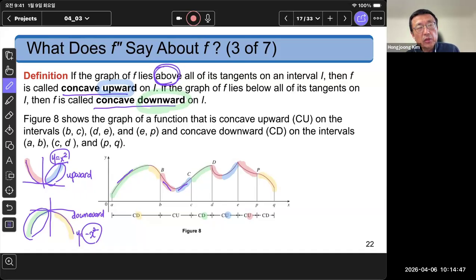So you get two decreasing functions, but these decreasing patterns are different, right? So you may rely on the relative location between the actual graph and the tangent line, or you may consider the graph of y equals x squared or negative x squared as I did.